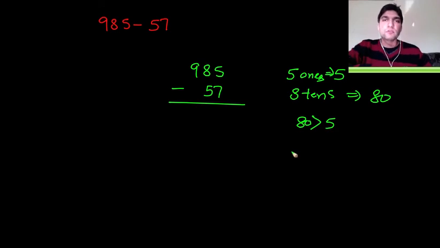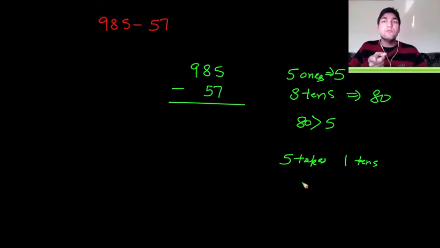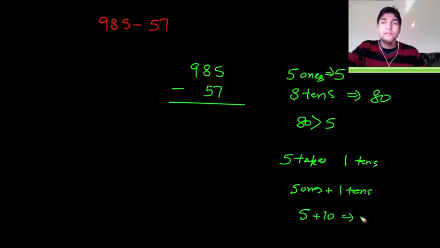So if this 5 takes 1 ten, that means 5, which was 5 ones before, will become 5 plus 10, that is 15.